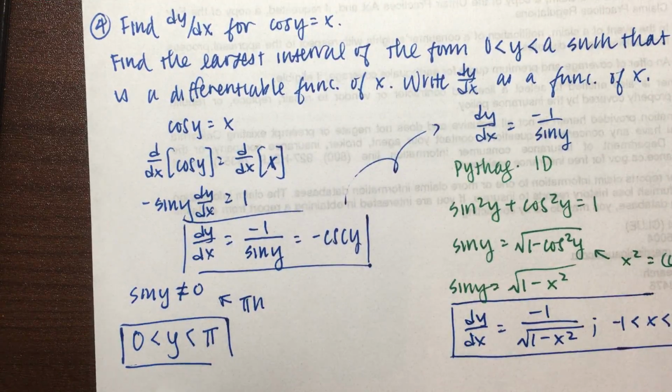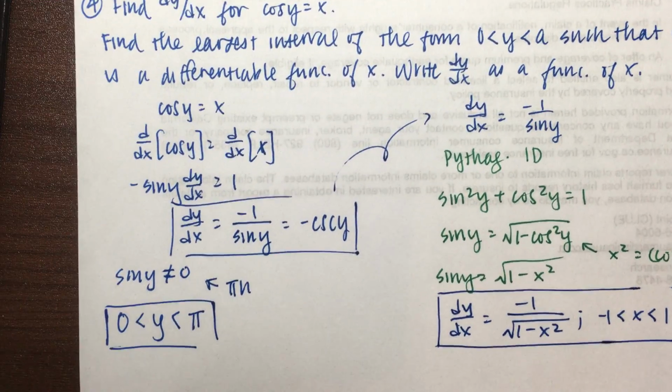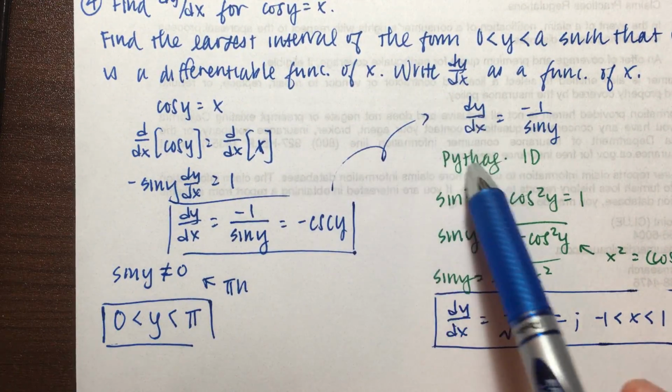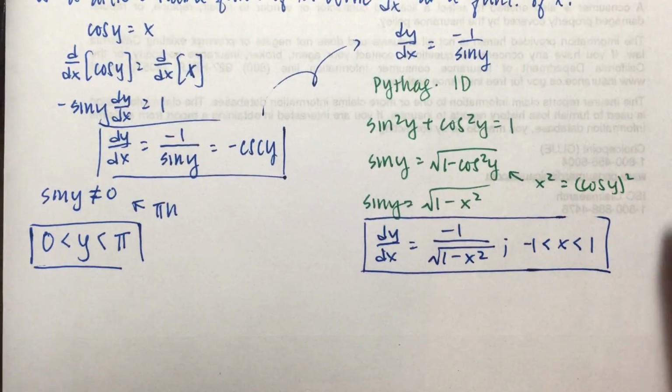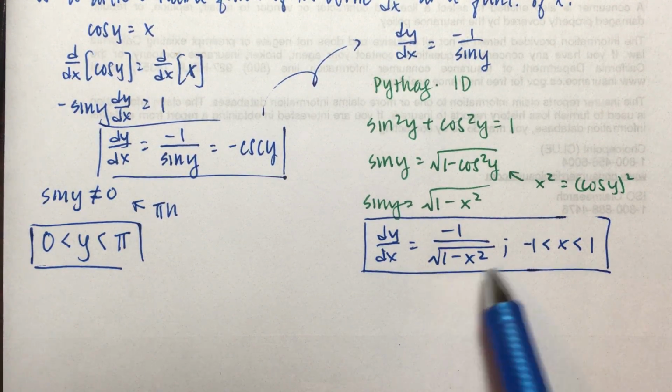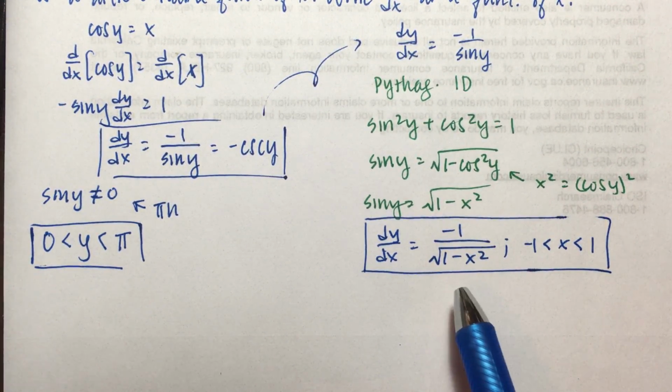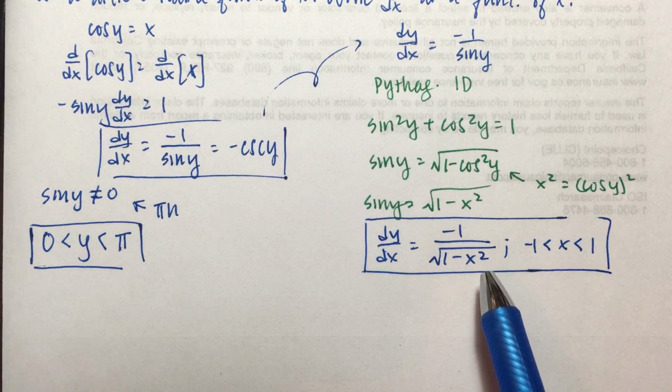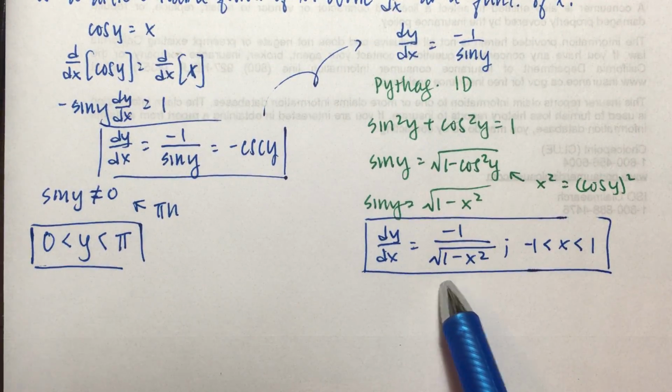The largest interval is 0 is less than y is less than pi. And the derivative as a function of x is dy/dx equal to negative 1 over the square root of 1 minus x squared.